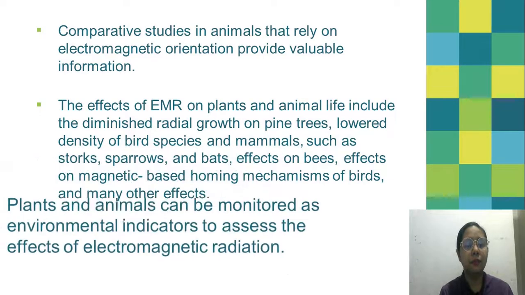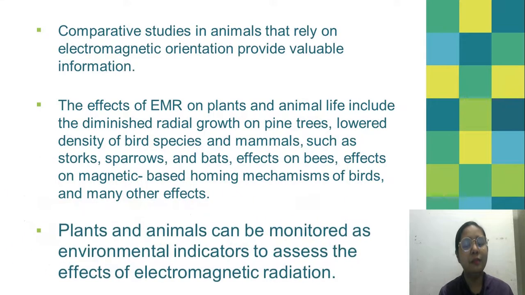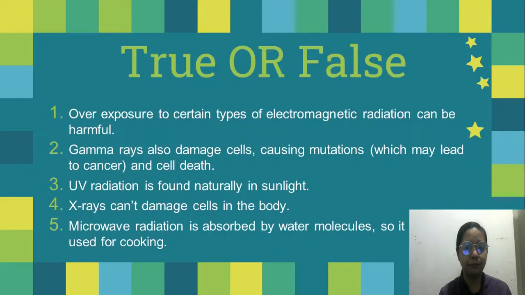So, therefore, plants and animals can be monitored as environmental indicators to assess, as I said a while ago, the effects of electromagnetic radiation. They can be an indicator.